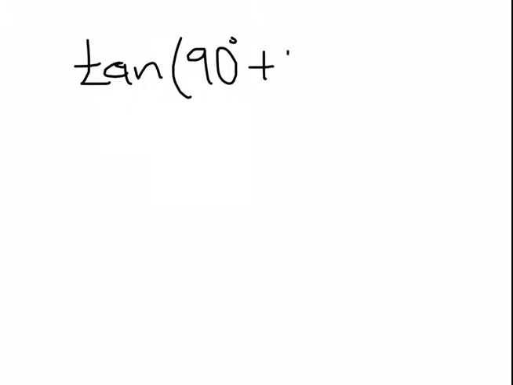Just to give you an idea, because at some point they might give you something like tan of 90 degrees plus theta. I know you might be wondering, since the trigonometric ratios we have are sine, cos and tan, what if it's tan?